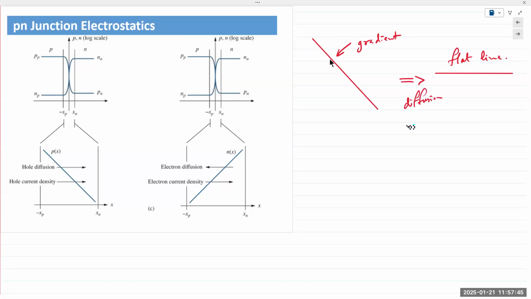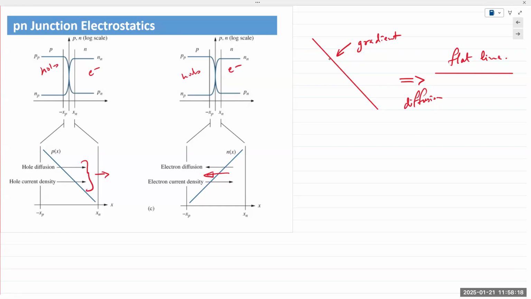So they will diffuse through the material. If you have a P and N type device, you have an excess of holes here and an excess of electrons here. The holes will diffuse through the junction and keep on going into the N type material, whereas the electrons will diffuse through the junction and go into the P type material.